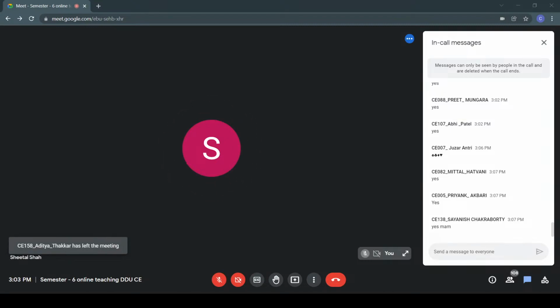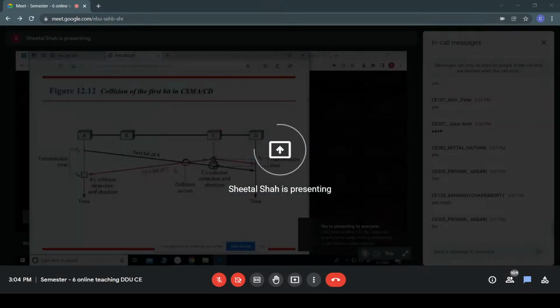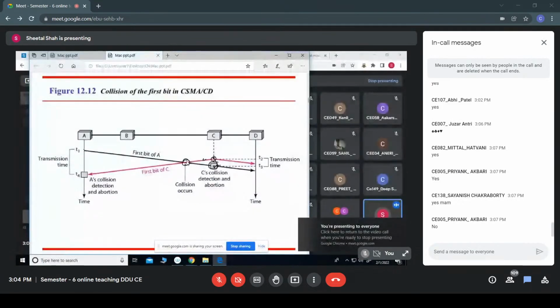So, we were discussing this, isn't it? Somewhere here, suppose the collision has occurred. Is the screen visible? Wait, let me share the screen. I forgot to share the screen. Okay. So at this instant the collision has occurred, but to make out whether the collision has occurred, it will take this much amount of time, T4.